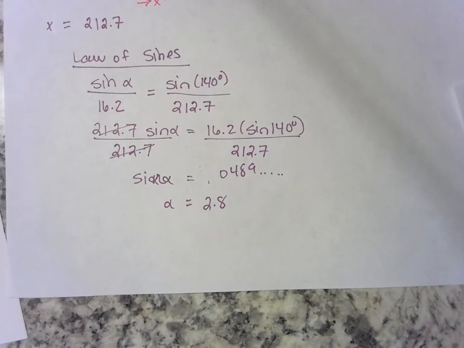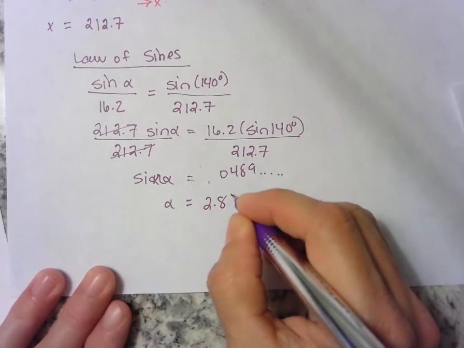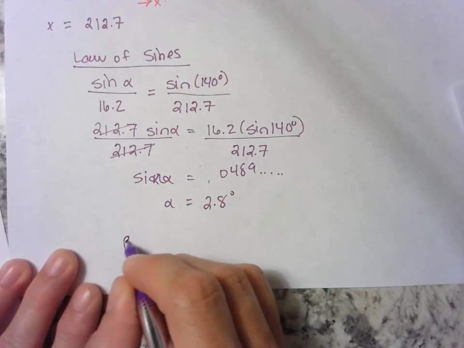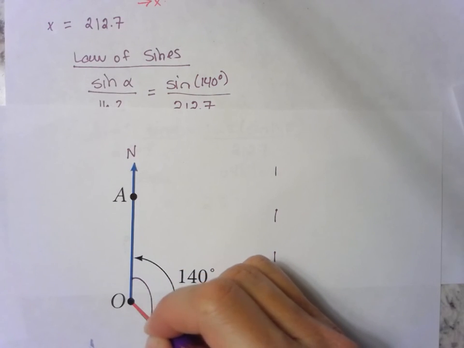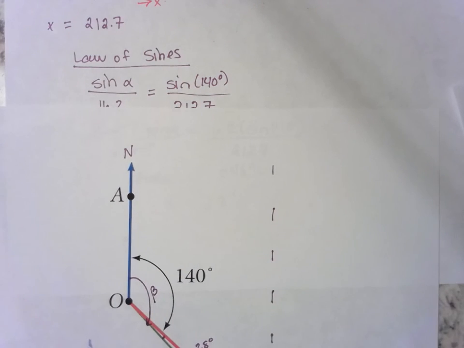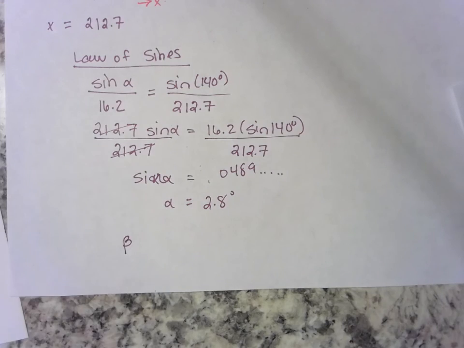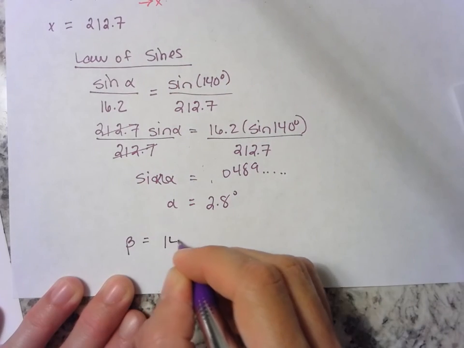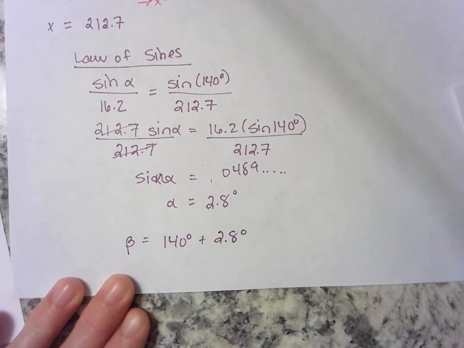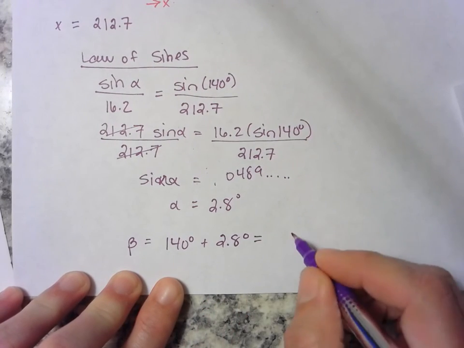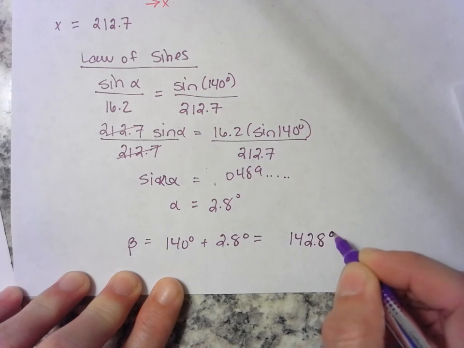All right, let's call that angle beta. So all the way around would be called angle beta. That's going to be the original 140 degrees plus that tiny little angle that the wind is pushing us, and we end up with a 142.8 degree bearing.